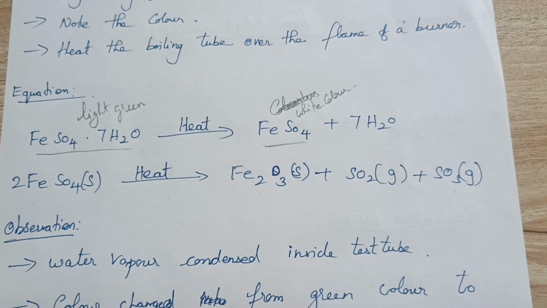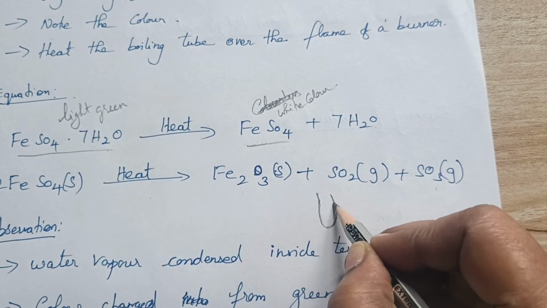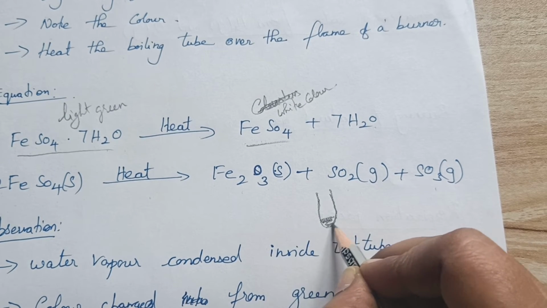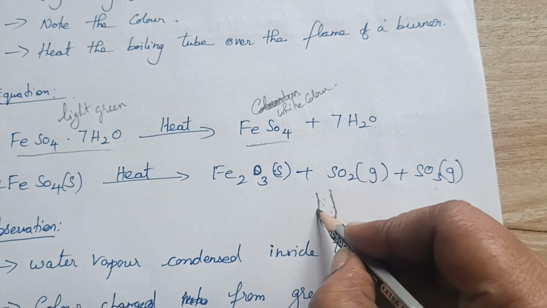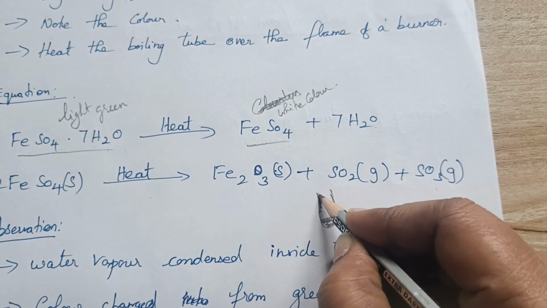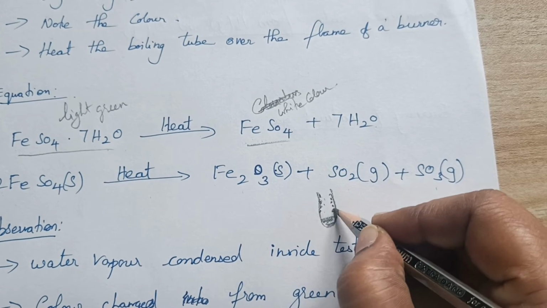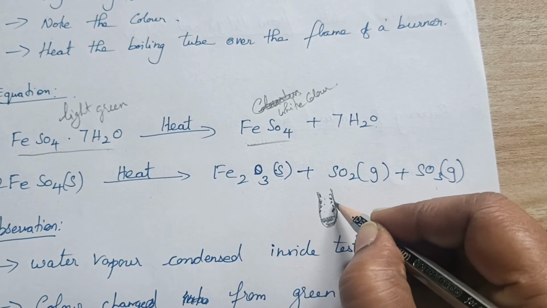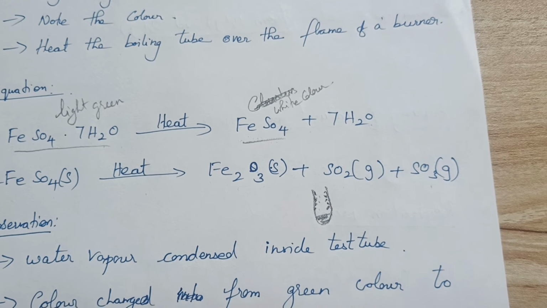That water vapor condenses inside the test tube itself. If you heat the test tube with the ferrous sulfate here, the water vapor will come and condense on the sides of the tube. If you do this experiment, you can see water droplets on the sides of the test tube.